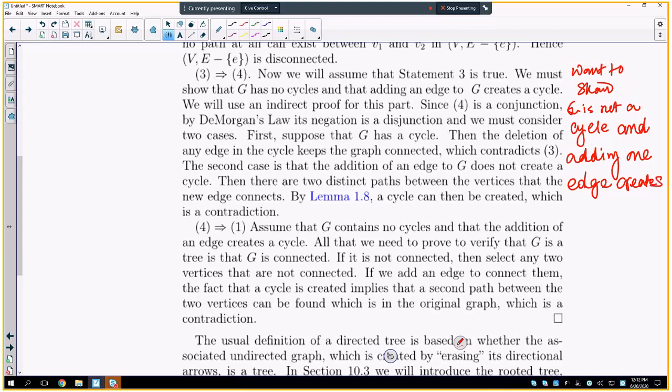Initially it didn't have any cycle, but if I add one edge, doesn't matter where, it's going to create a cycle.